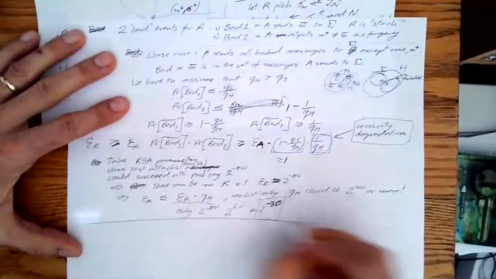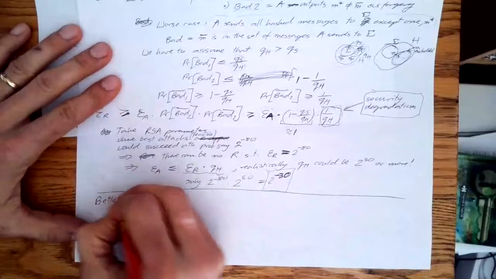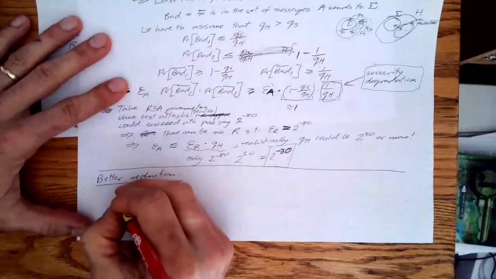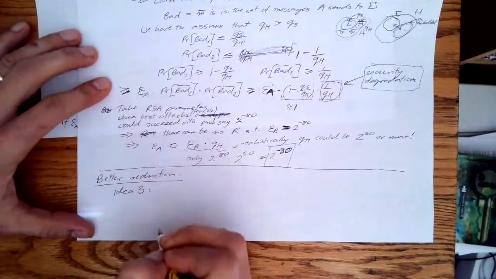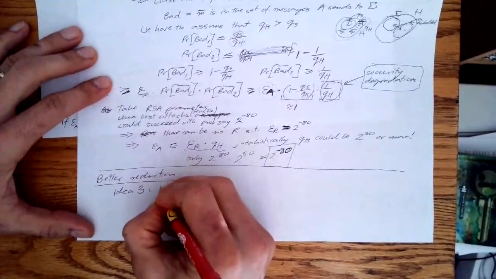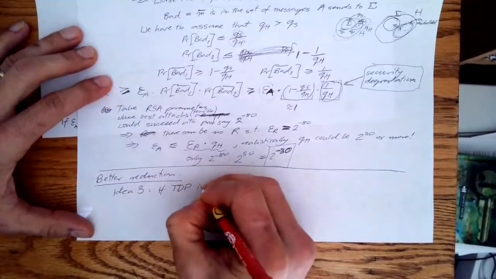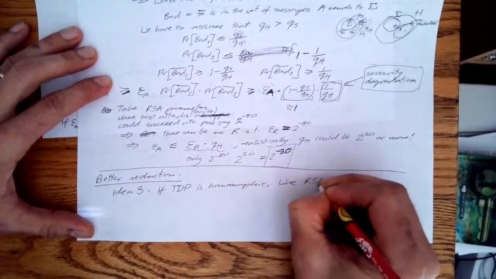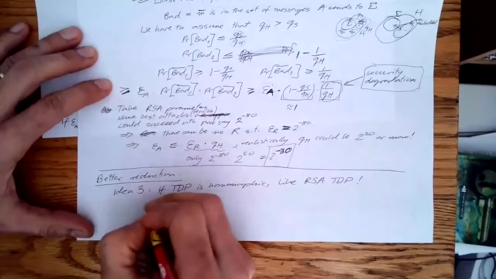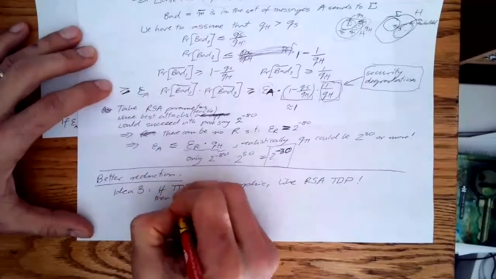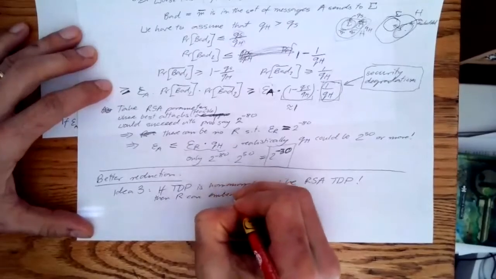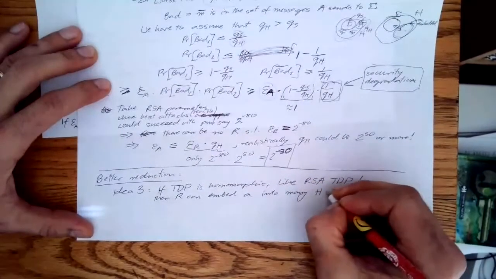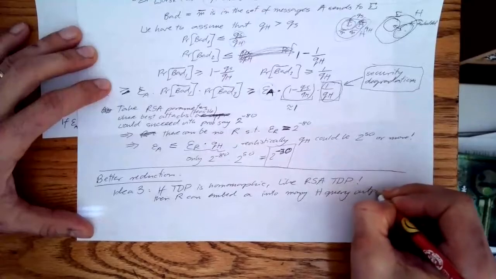Okay, so how can this embedding work? A better reduction, this is idea 3: if the TDP is homomorphic, like the RSA TDP, then R can embed A into many H query outputs.